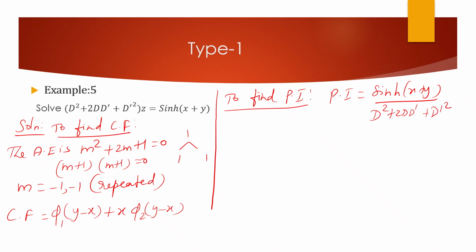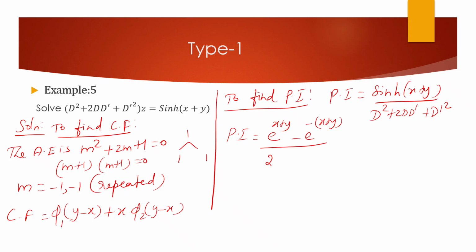Now we are going to use the formula for sine hx. We know that sine hx is e power x minus e power minus x by 2. So using that, we can write the particular integral as e power x plus y minus e power minus of x plus y, by 2.